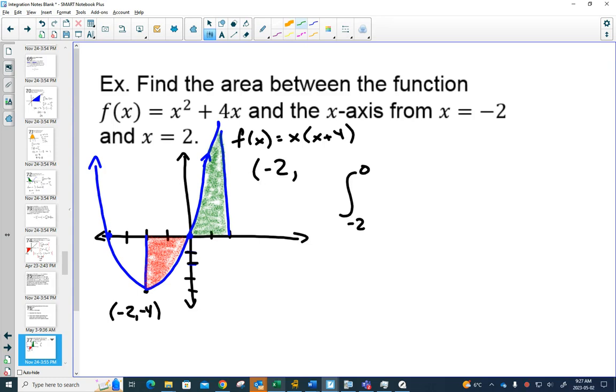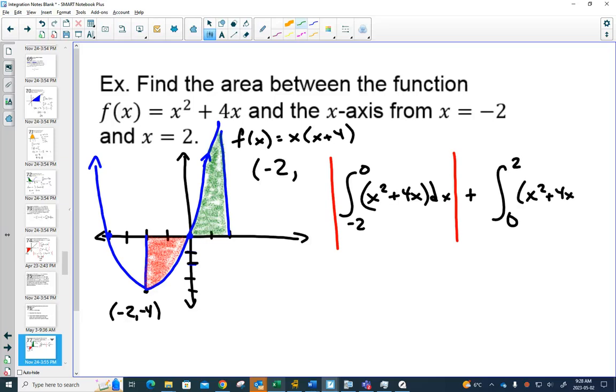That's the red part of x squared plus 4x dx. That part, I already know I'm going to need absolute value bars around. And then I'm going to add the integral from 0 to 2 of the same thing, x squared plus 4x dx.